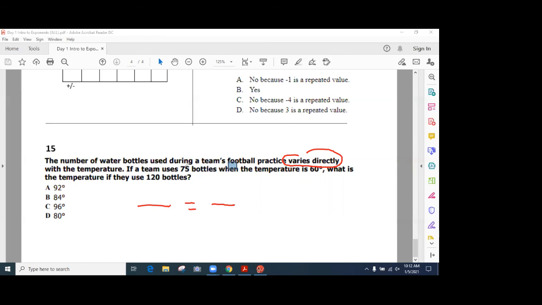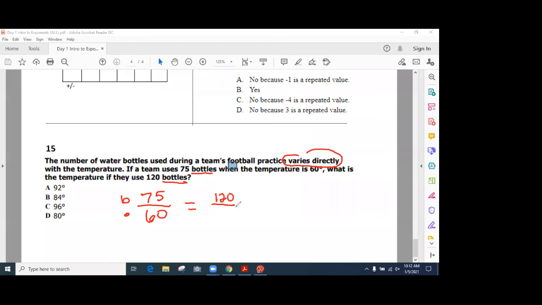So the first 2 numbers you see, so 75 and then 60. And then 75 is bottles, so bottles is on top. And then degrees. So I'm just going to put a circle for the degrees right there. And then they give you bottles. So we already said bottles was on top.